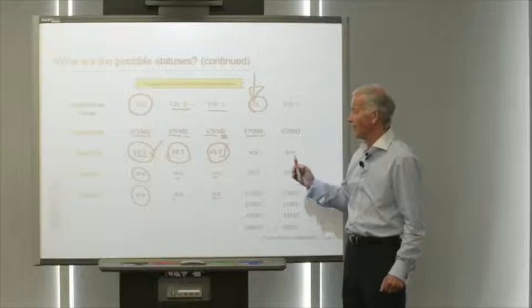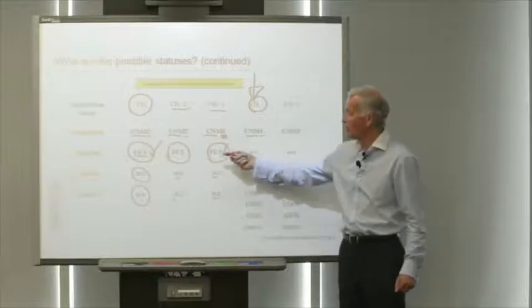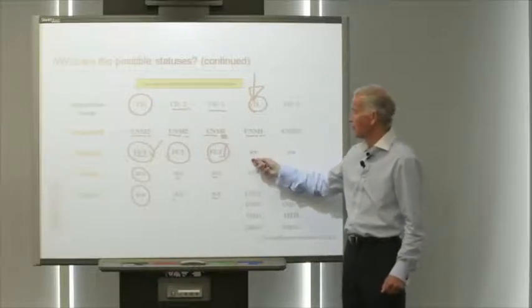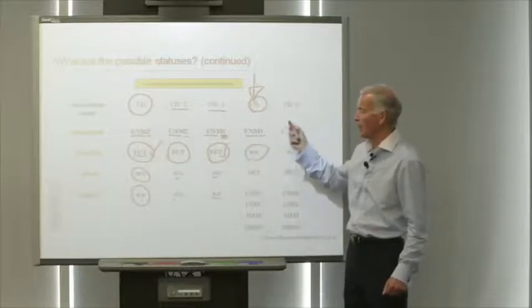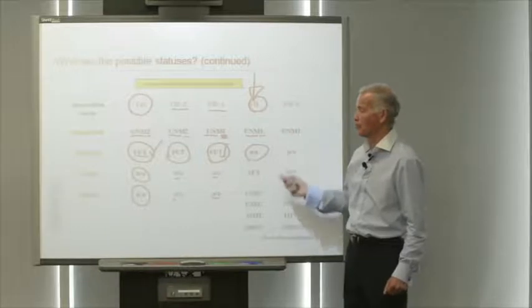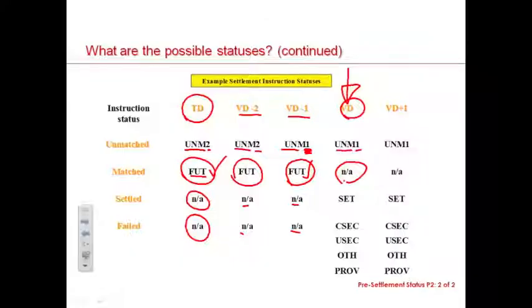It's already failing. Now, on this row here, matched, it's not applicable now. Why? Because we've reached value date, and on that date, if you have matched instructions, then it will either settle or it will fail to settle.